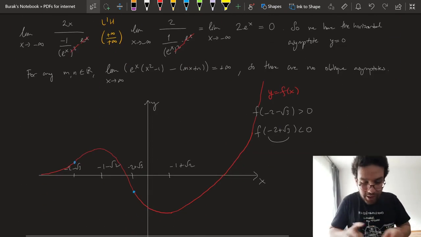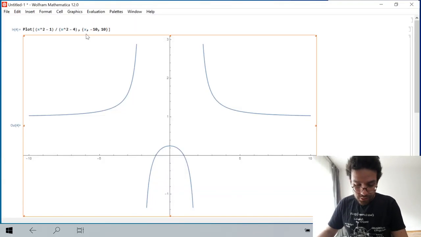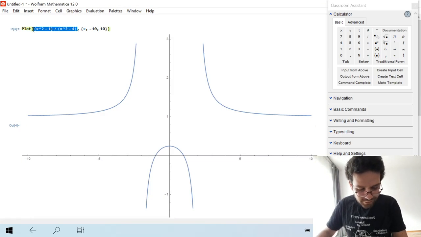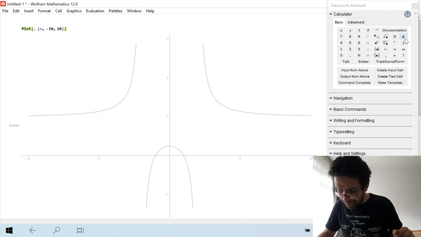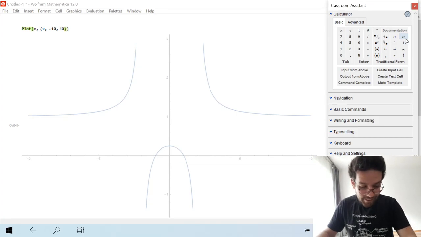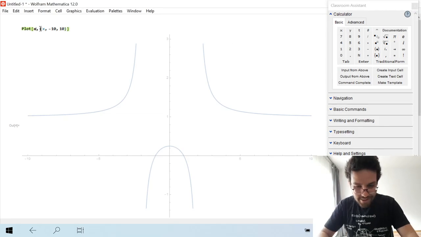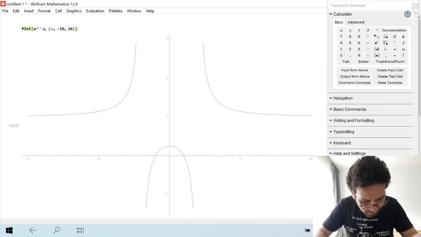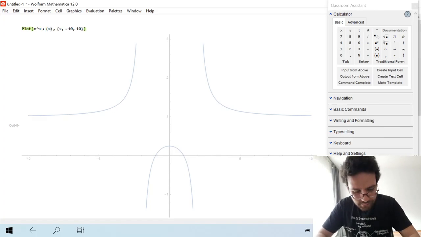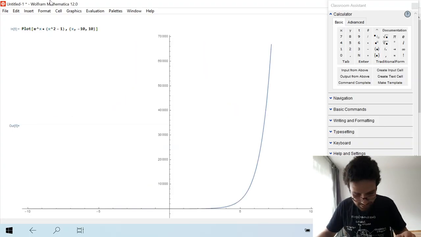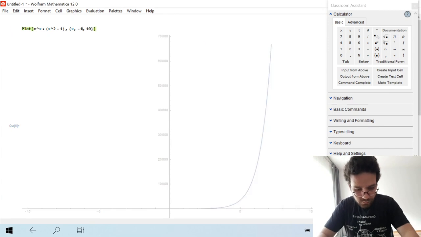And let me show you the actual picture from Mathematica. I shouldn't really say actual picture, but a graph which is better than mine, e to the power x times x squared minus 1. Okay, this is not doing what I wanted to do.